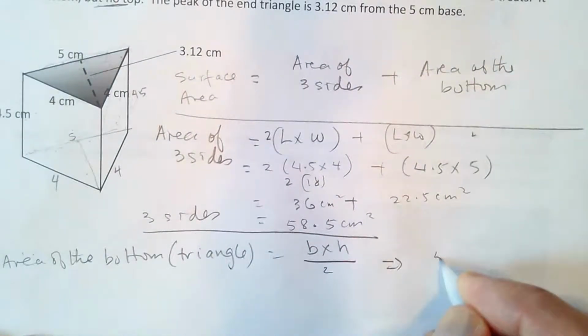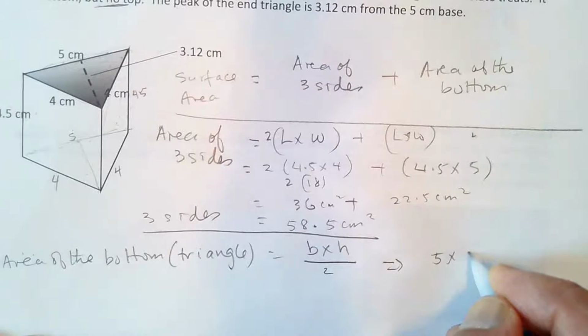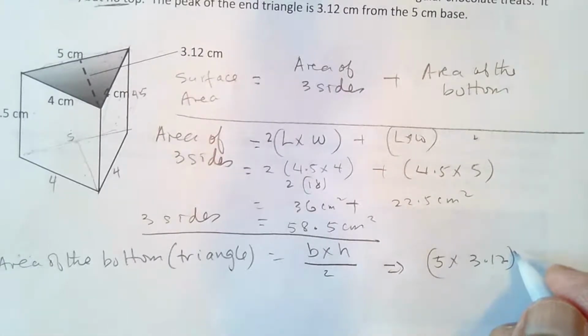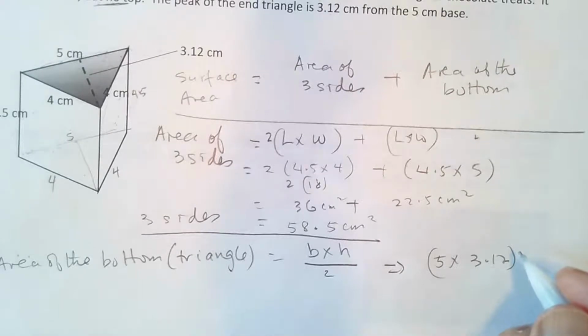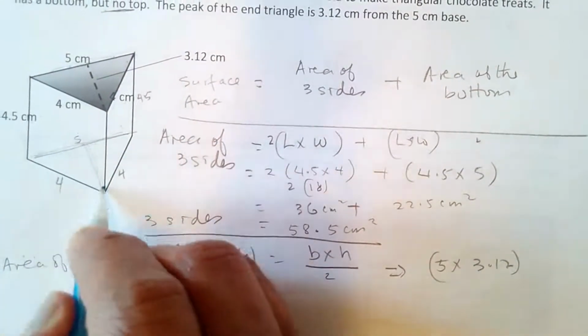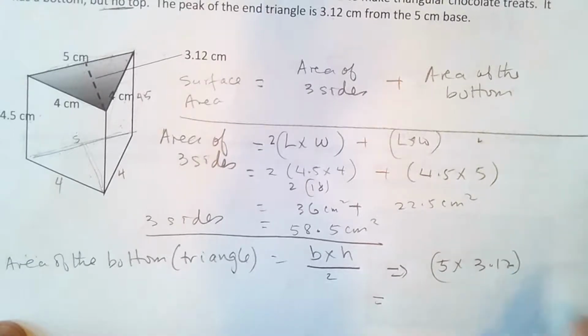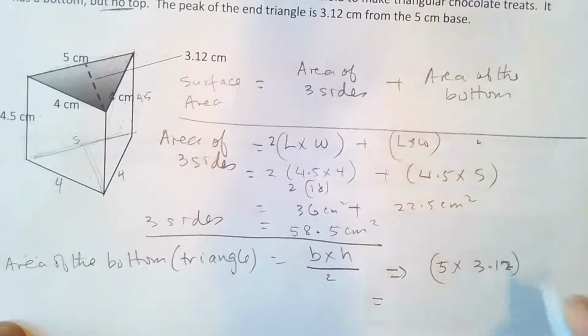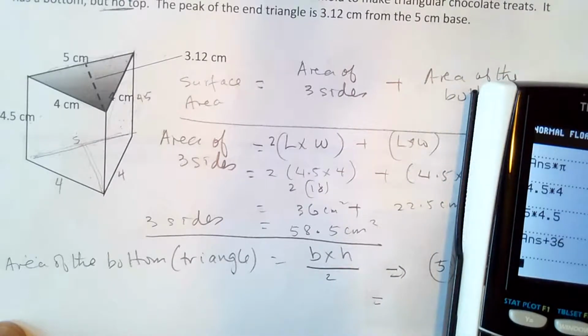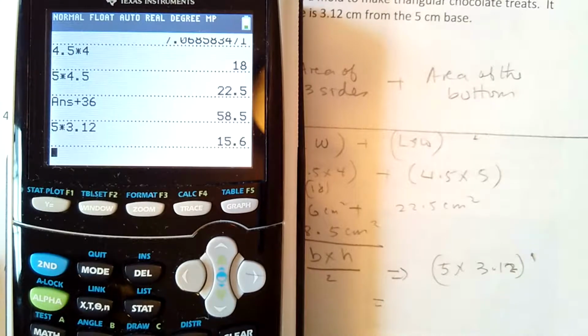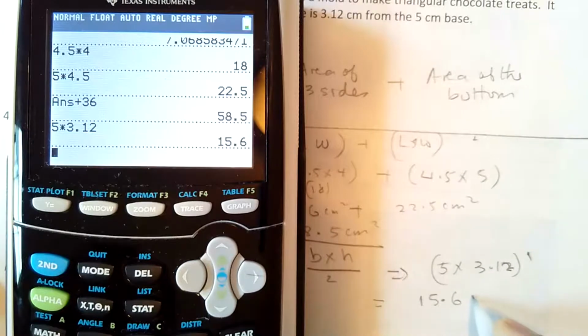So here's your base, 5, multiplied by the height, 3.12.